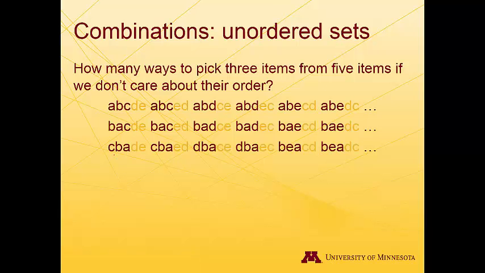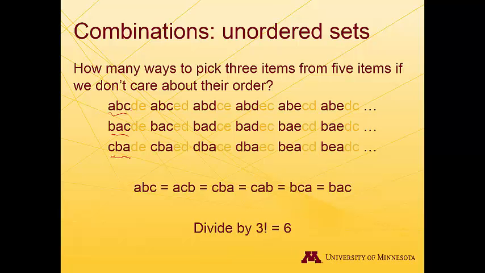But notice this, CBA, BAC, ABC. If we don't care about the order of the 3 items that we're choosing, then we have 6 choices for how they're ordered. And we need to divide out by that, the number of ways that our 3 items can be ordered.